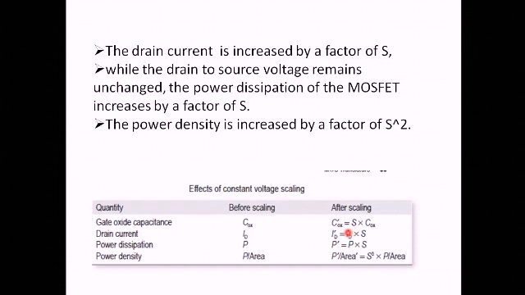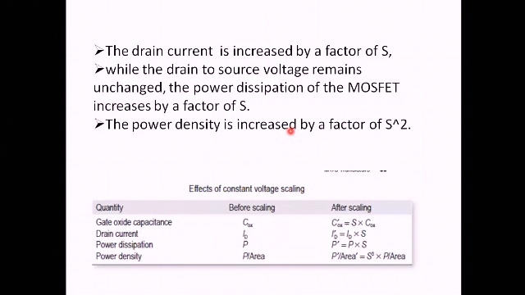Now let us next consider the power dissipation. Since the drain current is increased by a factor of S, while the drain to source voltage remains unchanged, the power dissipation of the MOSFET is increased by a factor of S. Finally, the power density, that is the power dissipation per unit area, is found to increase by a factor of S cube.